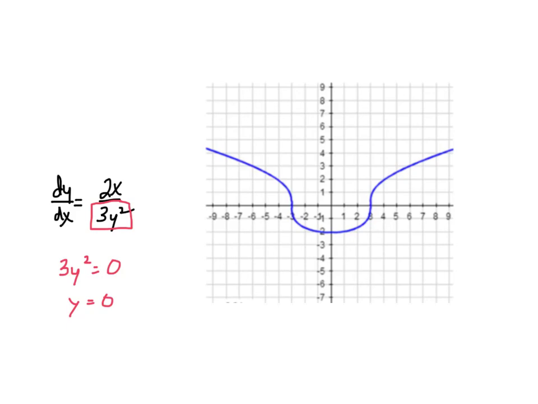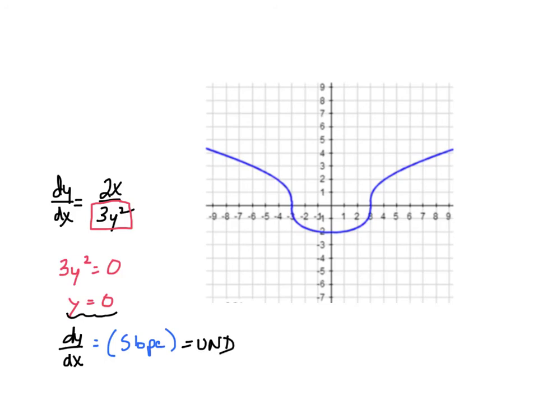When I have a number divided by 0, I get something that's undefined. So when y is 0, dy dx, which remember is the slope, is undefined. Okay, because I'm dividing by 0.